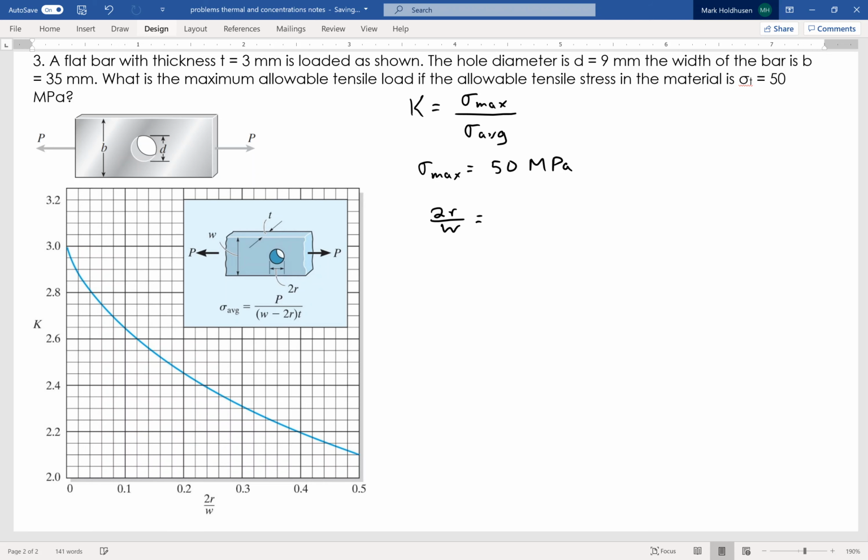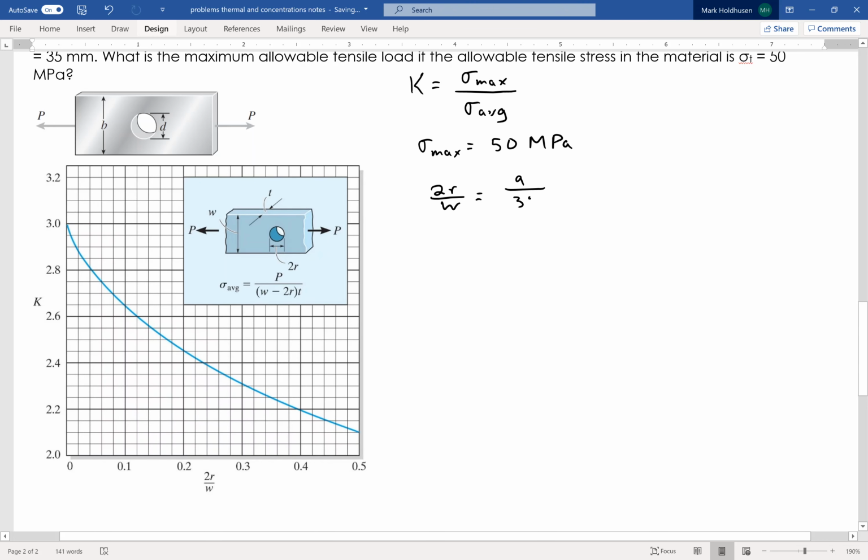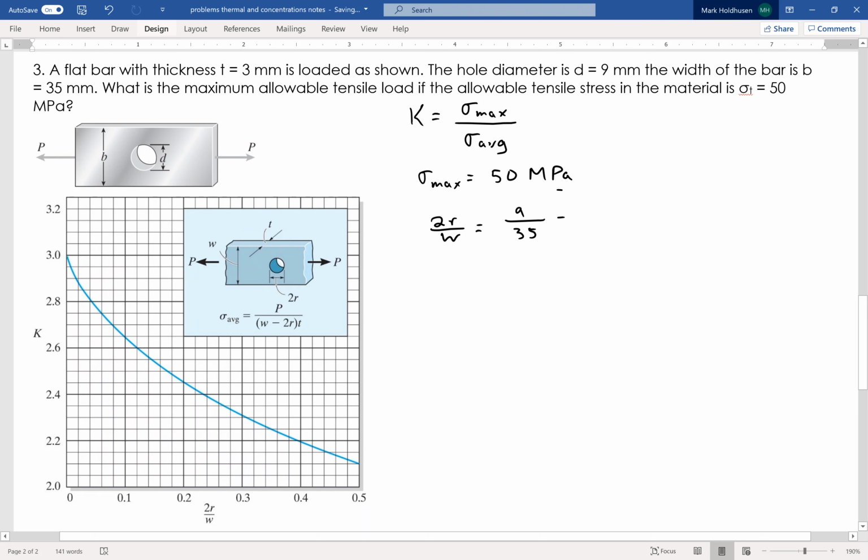So 2R is basically the diameter, so it's 9 over 2 times 2, so that's just going to be 9, right? And then W is the width of this, which is 35, which gives me this value to be 0.257.